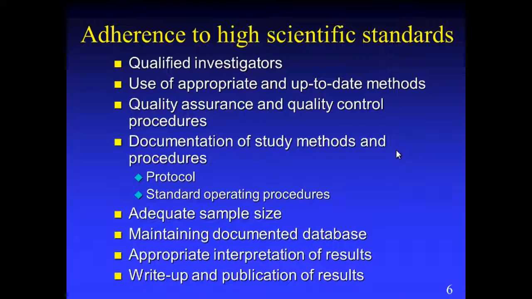So irrespective of the way the results came out, they should be written up and published. Unfortunately, as we've discussed, there's something of a publication bias in the literature, because studies of a certain category often don't get published.